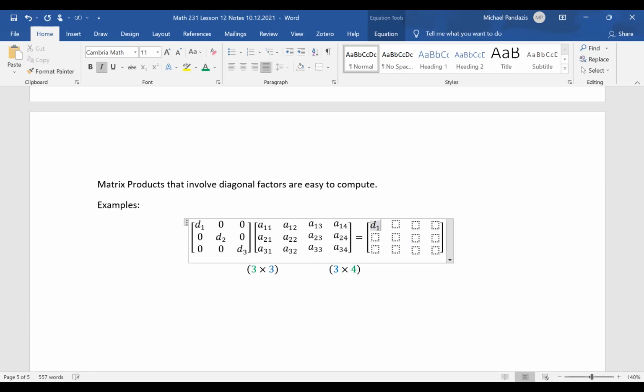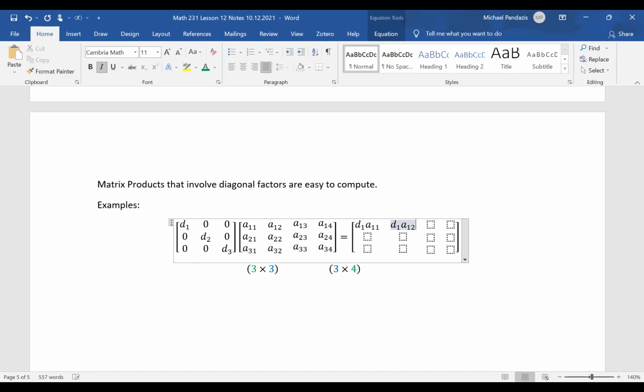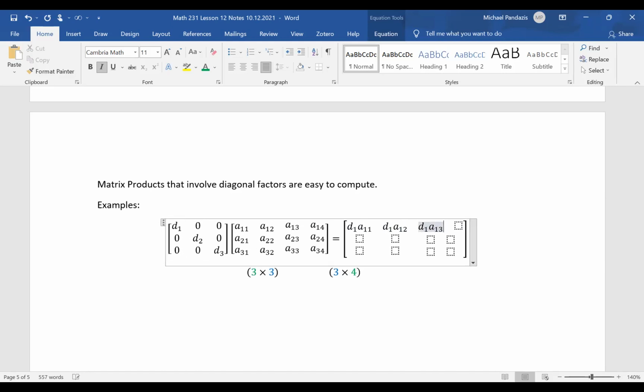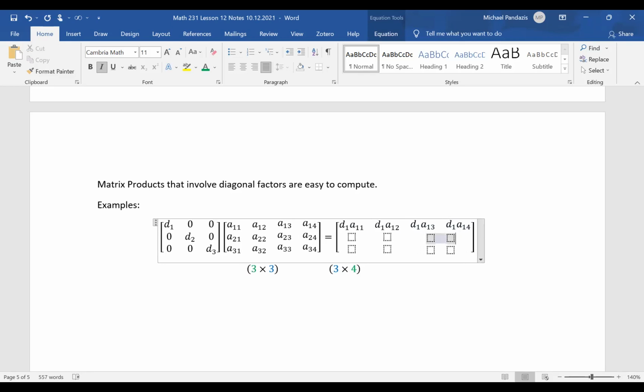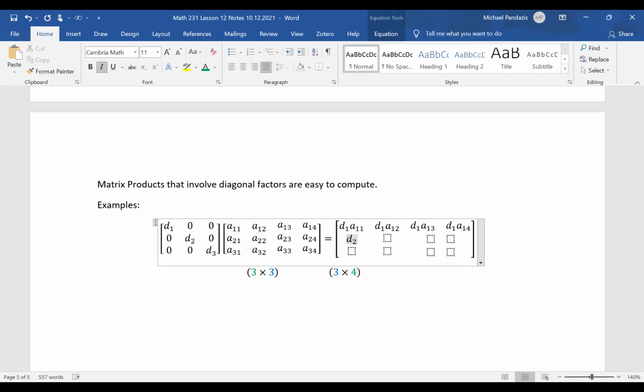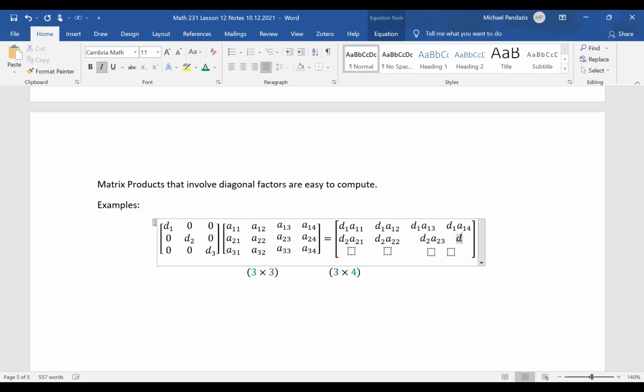When you do all the multiplication, you get D1 A11, D1 A12, D1 A13, D1 A14. You just multiplied the first row by D1, and then you multiply the second row by D2, so you get D2 A21, D2 A22, D2 A23, D2 A24.